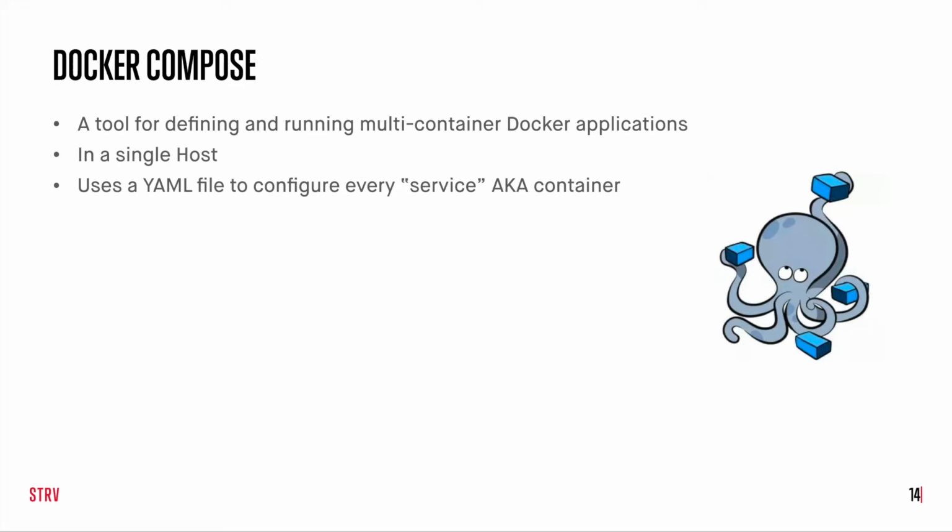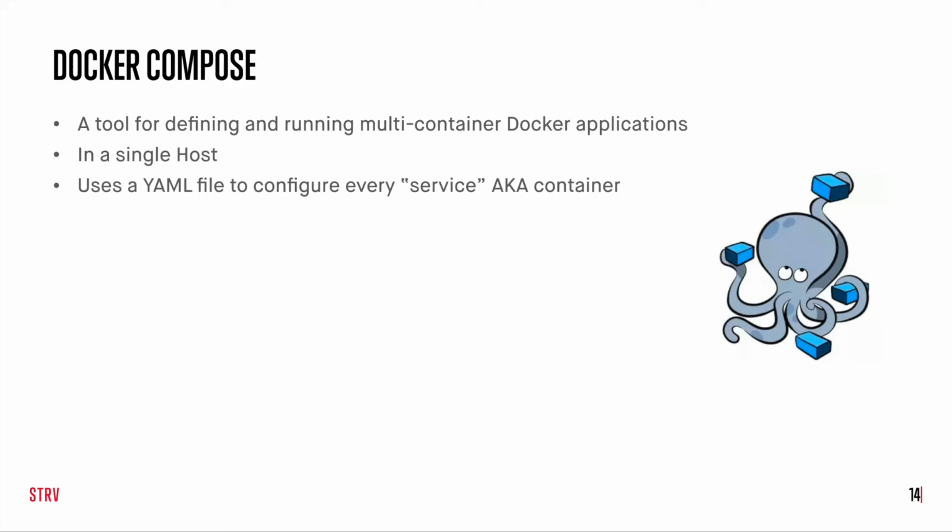Docker Compose uses a YAML file to configure every service, like a container. You can see it does an abstraction upon the containers because it adds stuff like container replication, for example, if you want multiple instances of the containers.